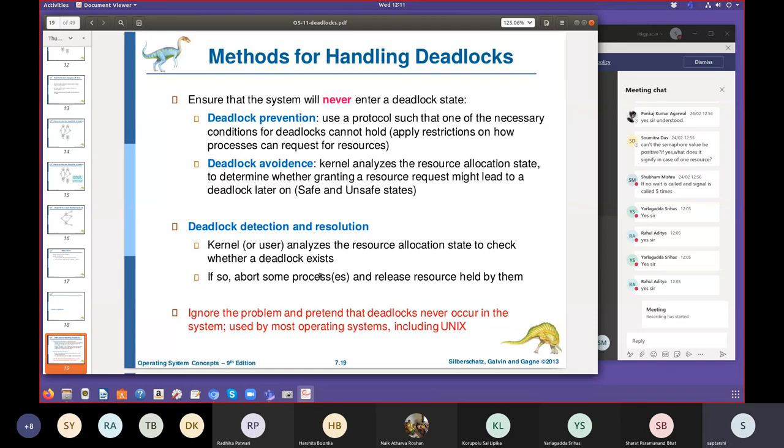There are algorithms, but if you have to use them time and again, say an algorithm for deadlock detection that you have to run very frequently, this will create more pressure on the system because the algorithm will also use several resources. So what OS designers have found is that it's best to ignore the problem and pretend that deadlocks never occur.